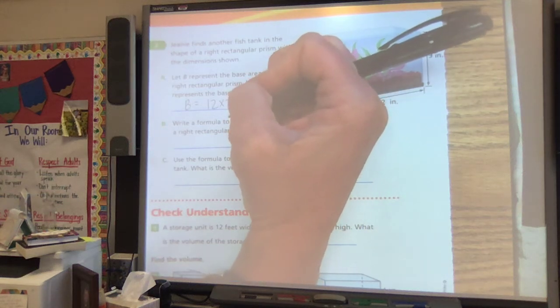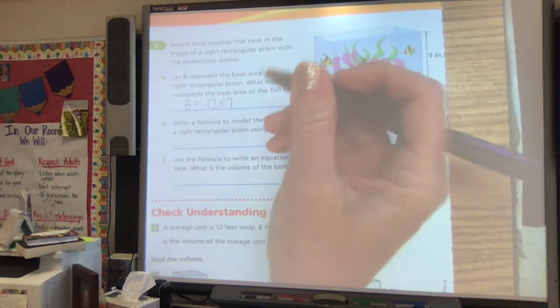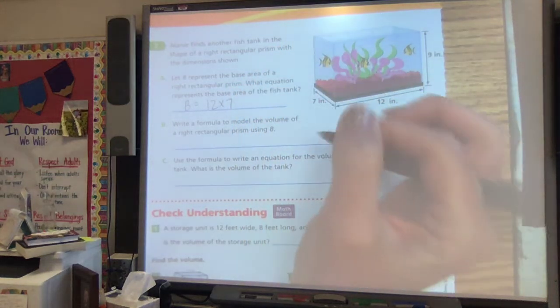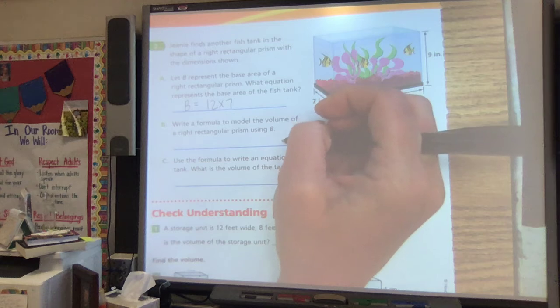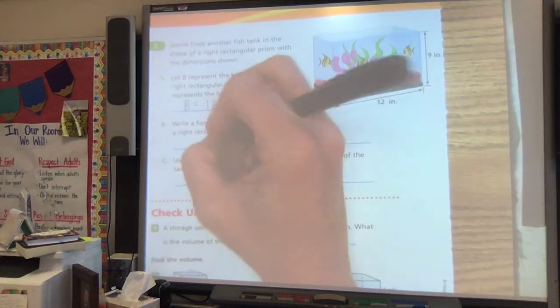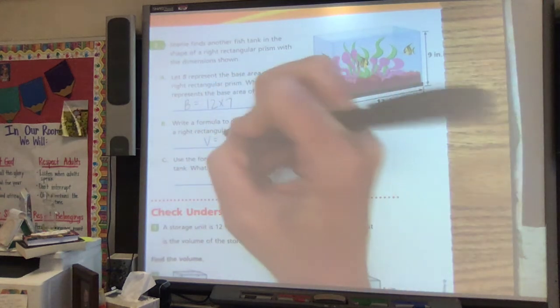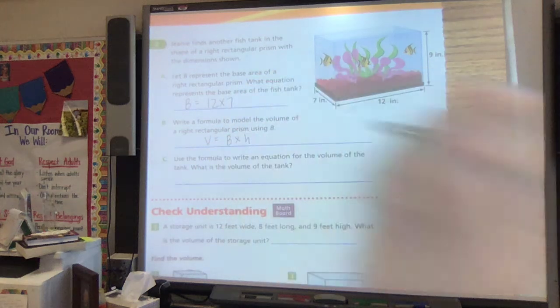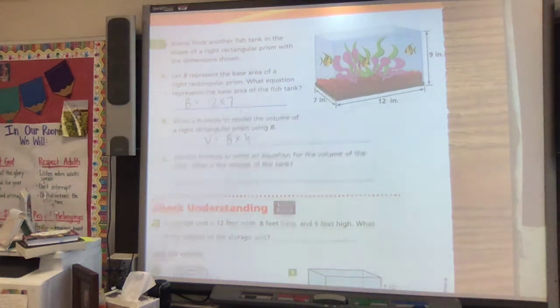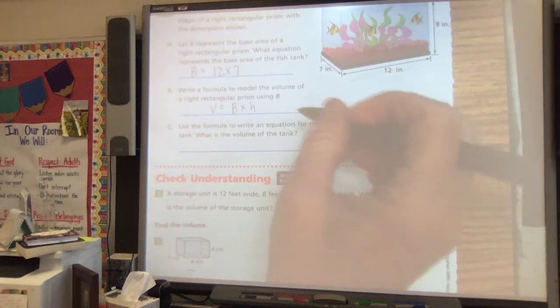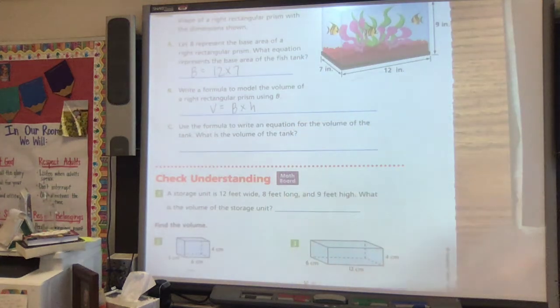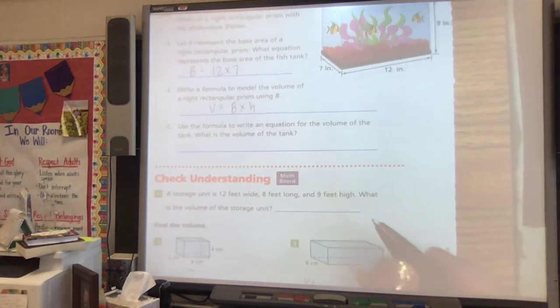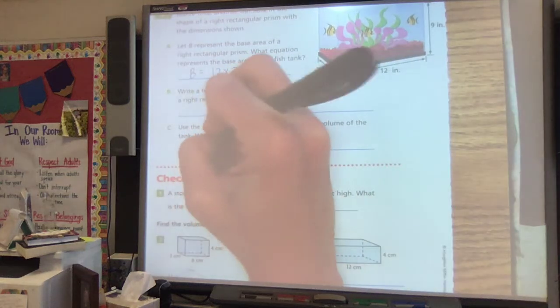And then it says write a formula to model the volume of a right rectangular prism using B. So we're going to find volume. We're going to use that base times the height. Then it says use the formula to write an equation. What is the volume? So we could say volume is the base.